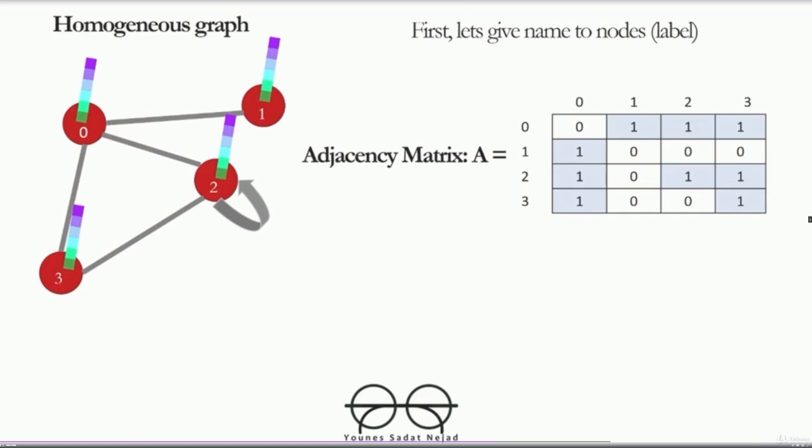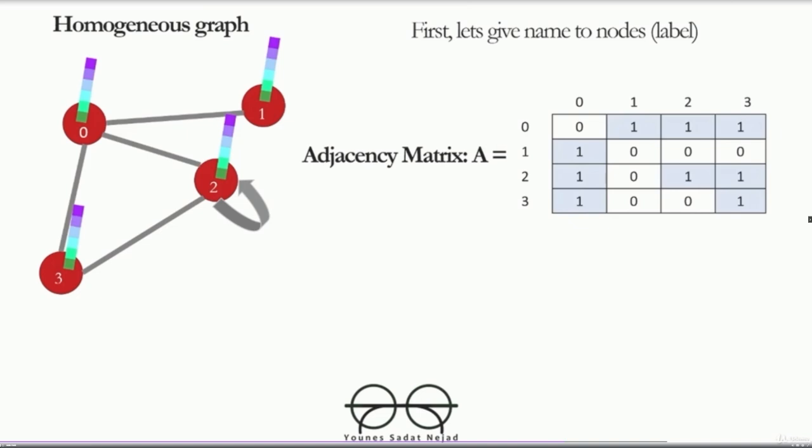Let's take a look at the first example. For node 0, we have connections with nodes 1, 2, 3, and there is no self-connection. So in the first row of the adjacency matrix, we can put 0 for (0, 0), 1 for (0, 1), 1 for (0, 2), and 1 for (0, 3). Let's take a look at another example. Let's see node 2. Node 2 has connection with node 0, node 3, and itself.